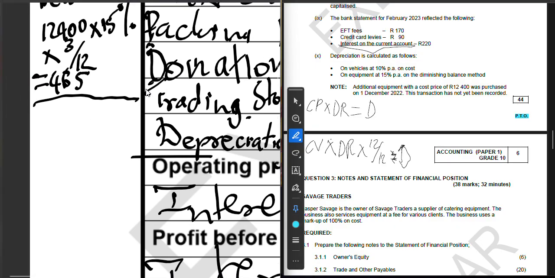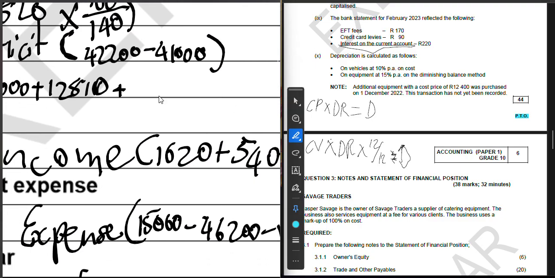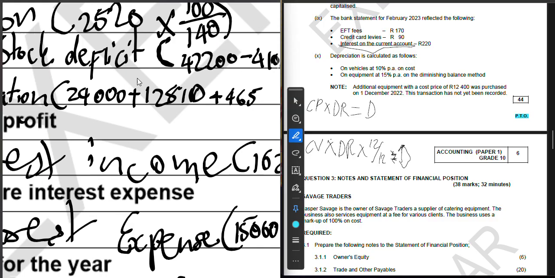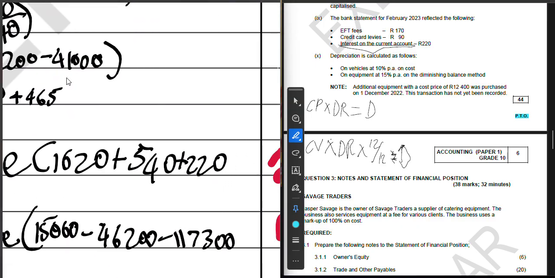The new equipment is 465. That's the depreciation of the new equipment. Let me just double check if it's correct. 465. So, ladies and gentlemen, yeah, that's it. We are done with our transactions. Now it's time for us to do the fun part, adding. And then after that, we complete our statement of comprehensive income.